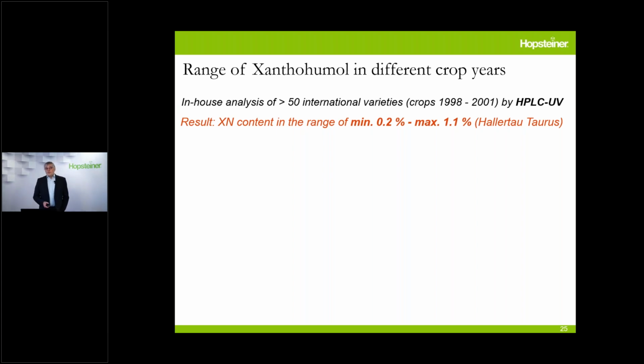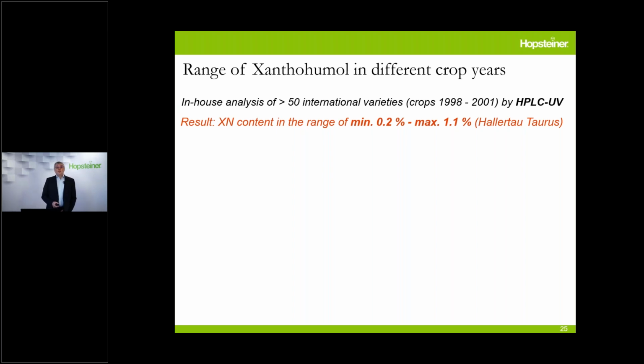Then we come to the question, what is the range of these components in different crop years? And these are studies that we have done in-house. Xanthohumol, I told you, is already known since 1999. So immediately after we heard about xanthohumol, we started the analysis of more than 50 international varieties from crops 1998 to 2001.